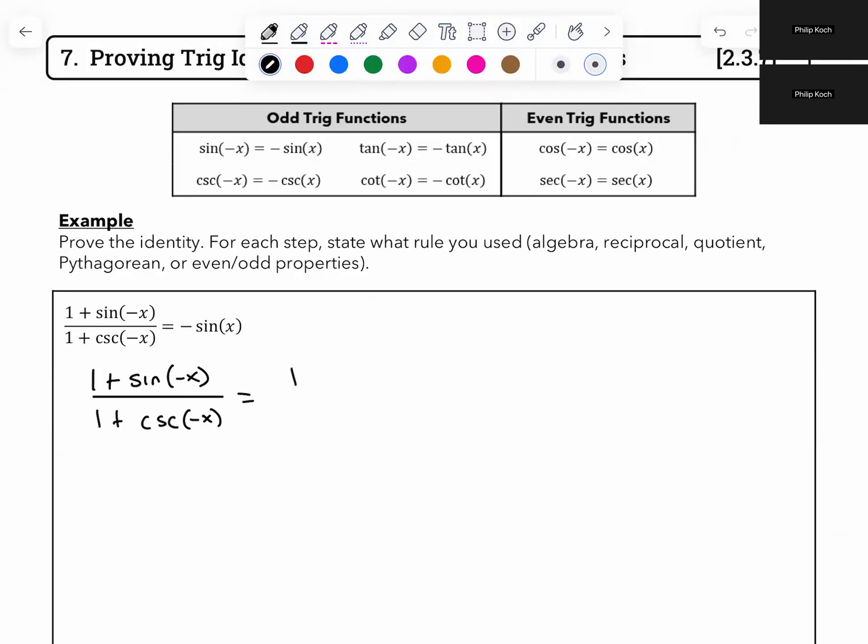So that's going to be 1 minus sine of x, of positive x now. And cosecant, which is sine's soulmate, it's also odd. So this will be 1 minus cosecant of x. And so that's from even odd.